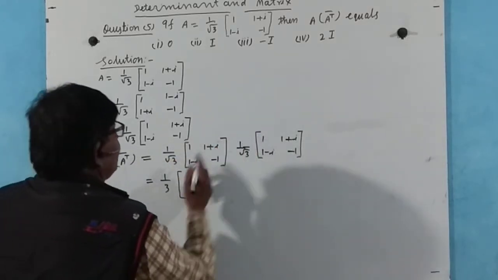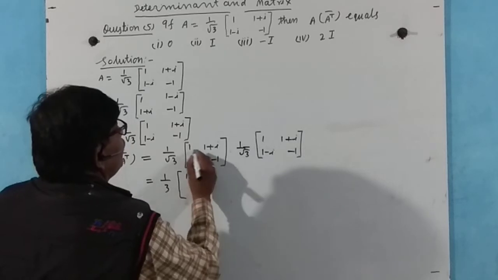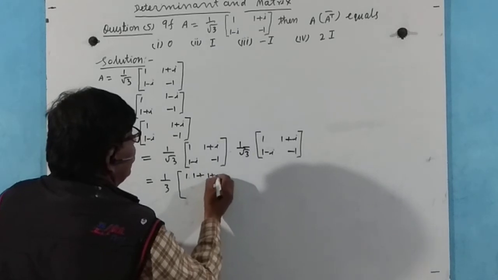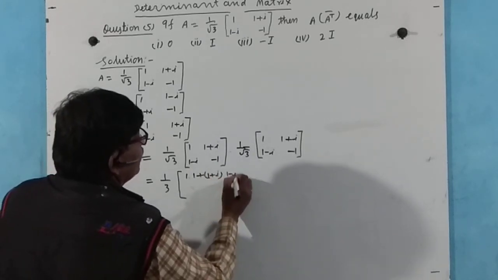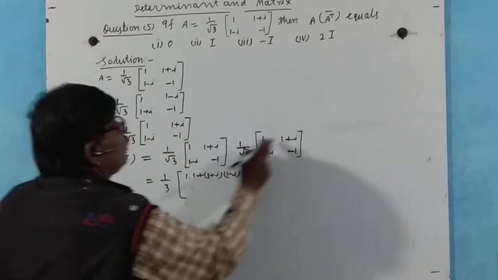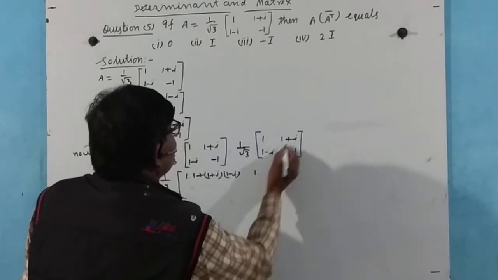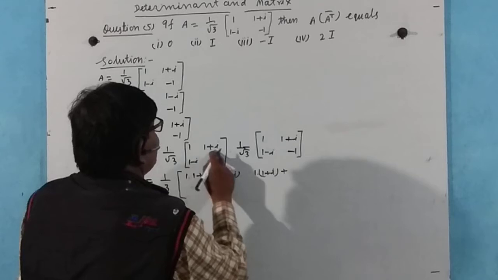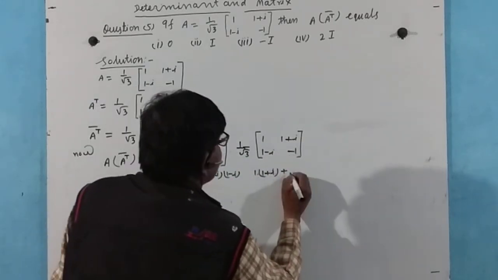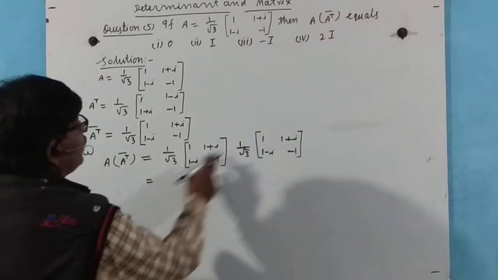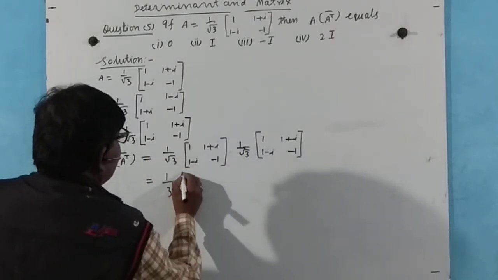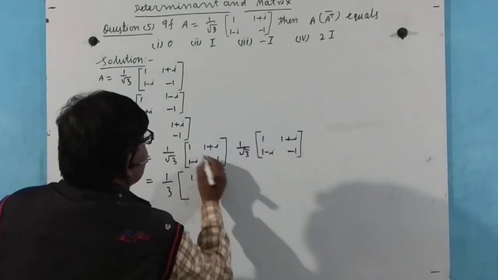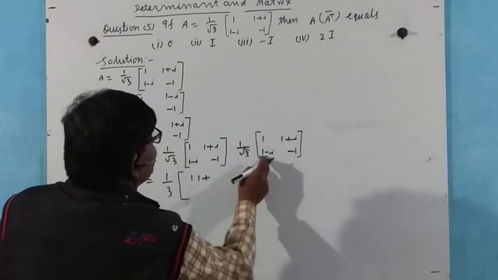So by the row by column method, 1 into 1, plus 1 plus i into 1 minus i.